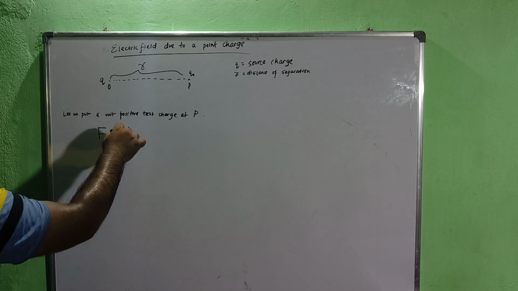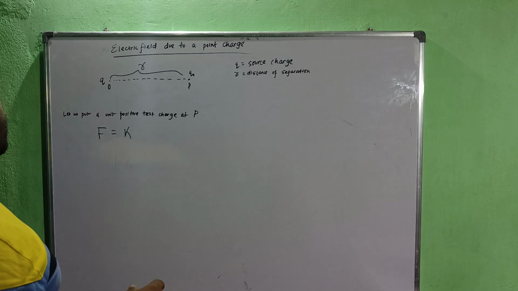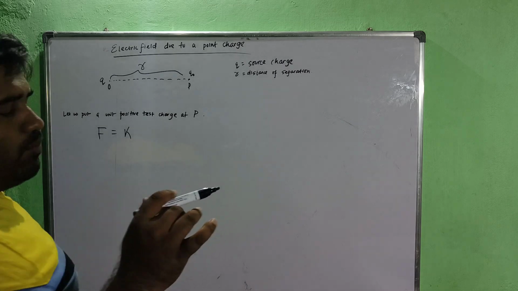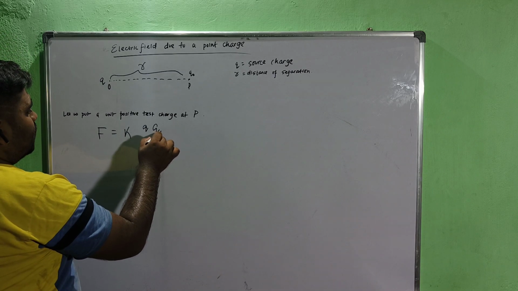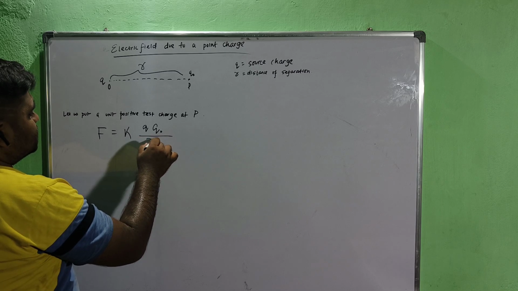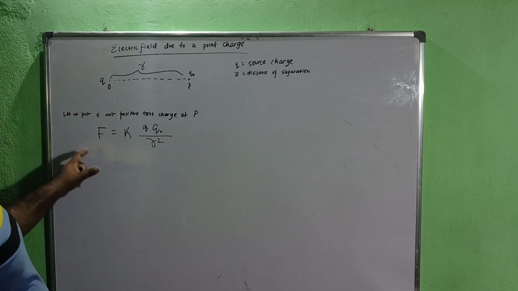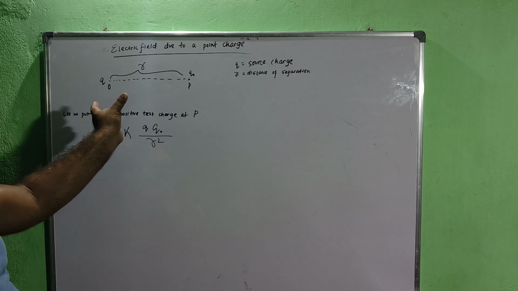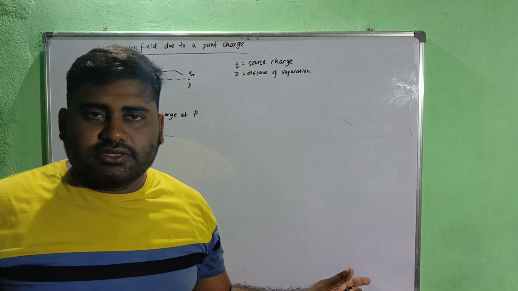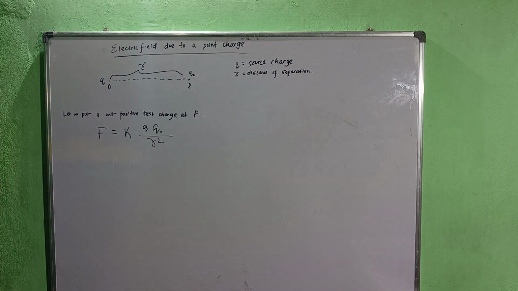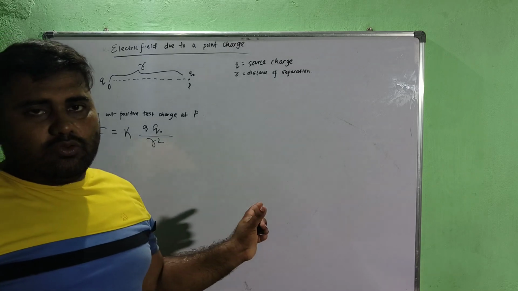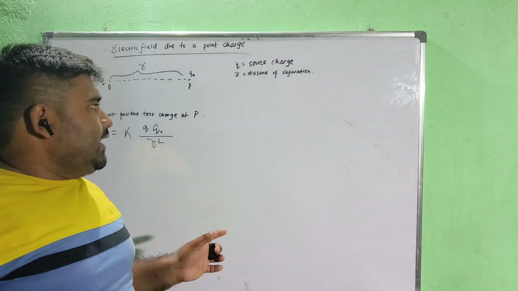I am going to consider that constant portion to be K. This is the amount of force between these charges. Up to this point you can understand it nicely.